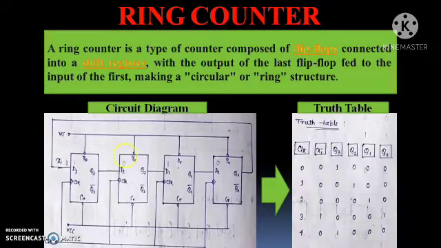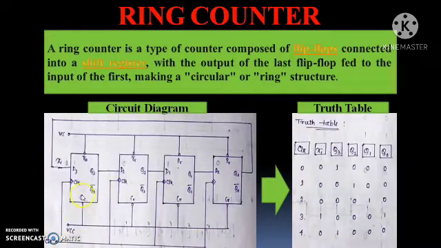Look at the picture. This is the circuit diagram of a 4-bit ring counter. Here we use four D flip-flops: 1, 2, 3, 4. These four D flip-flops are connected to each other. We also use four negative clock pulses, which are also connected to each other.